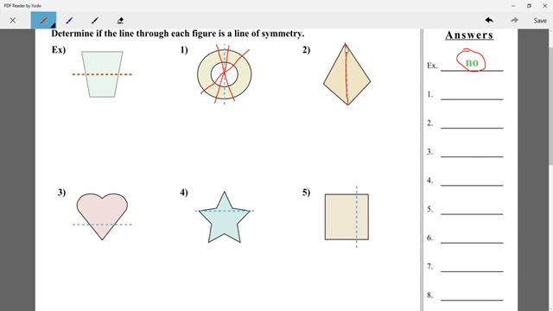For this one, it would be, right? If I folded this one over here, it would be exactly the same on both sides. Now, if I were to draw a line here, would that be a line of symmetry? And the answer is no. So this way would not work, but this way does work, because it would be the same on both sides.